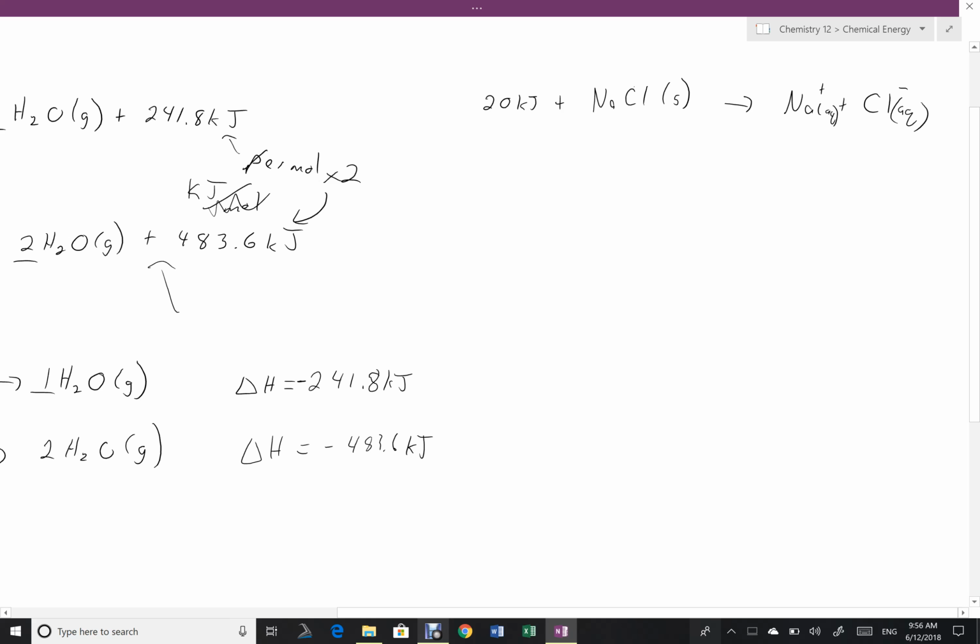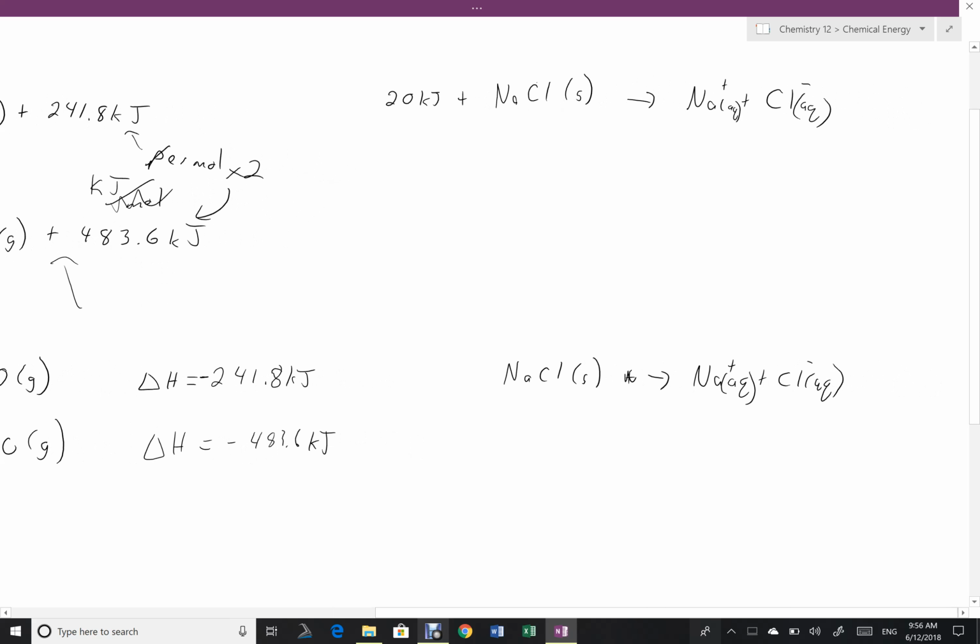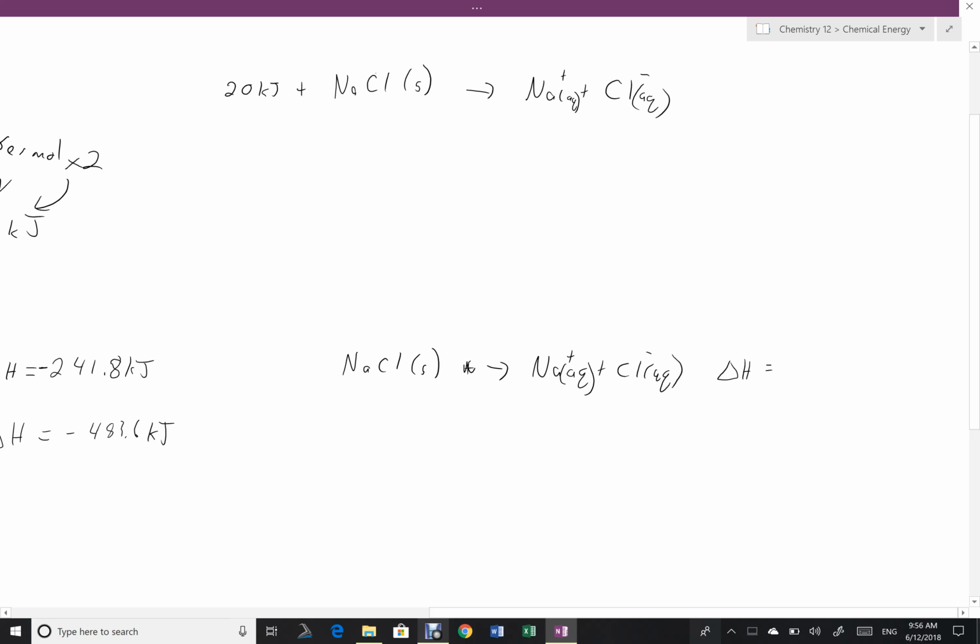Changing these for the same reaction, NaCl, oops, not plus, goes to Na+ and Cl-, both of those aqueous in solution. I could write this as a delta H value after the reaction, and this time, because it's endothermic, we assume that these reactants are going to a higher state of chemical potential energy.